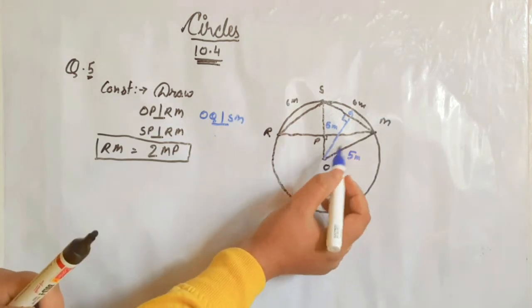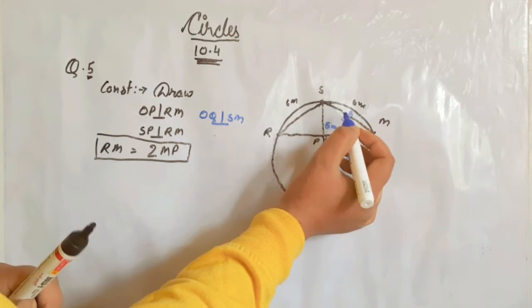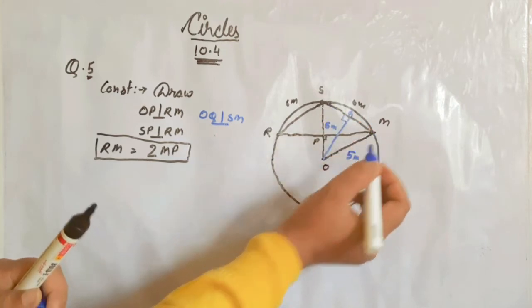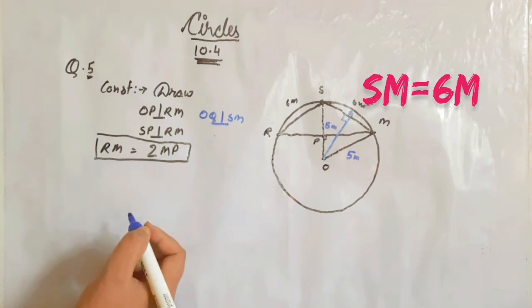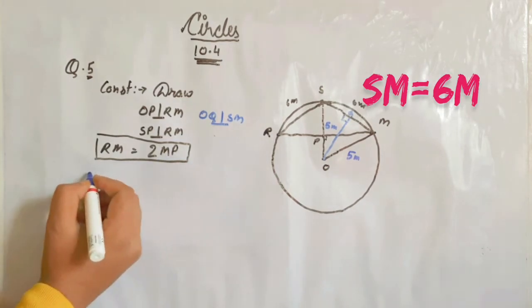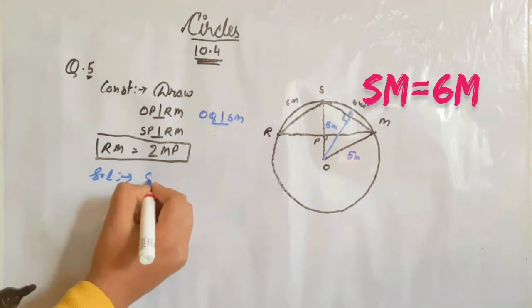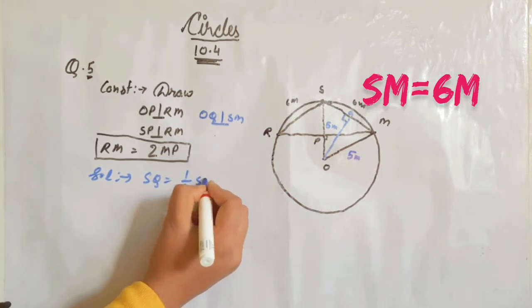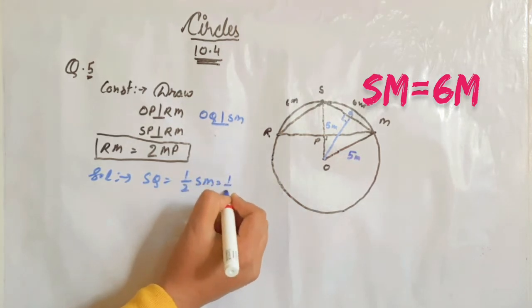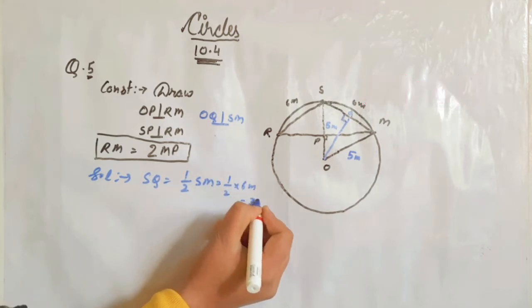So OQ bisects the opposite side, therefore SM will be equal to 6 meter, and SQ will be equal to half of SM, which is half of 6 meter, which is 3 meter.